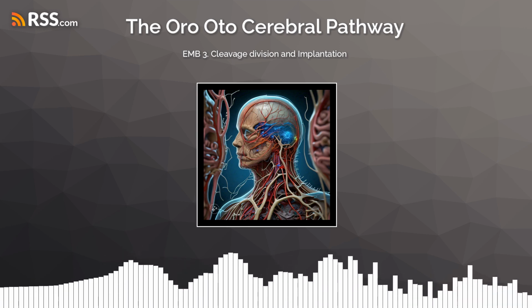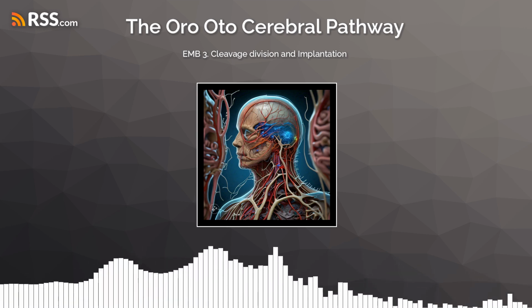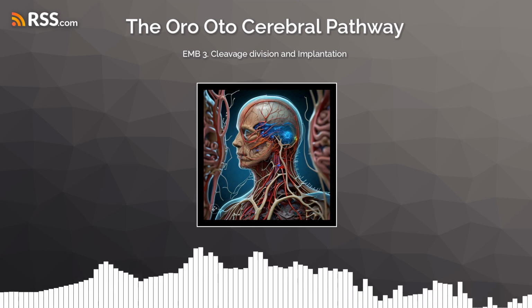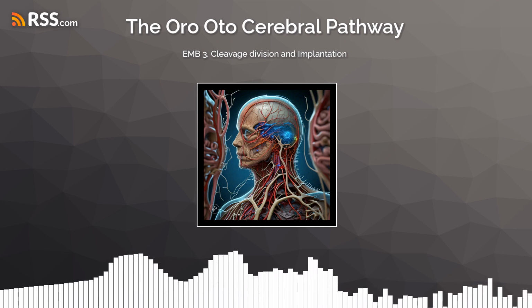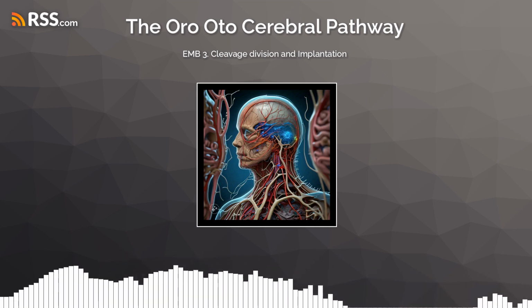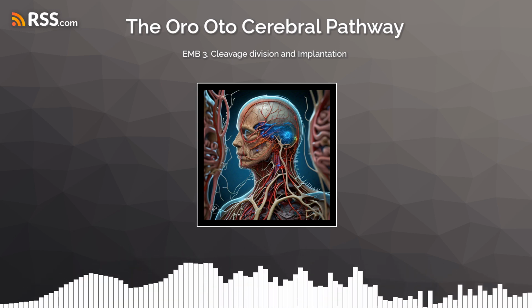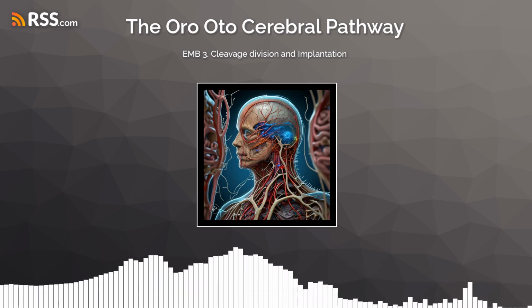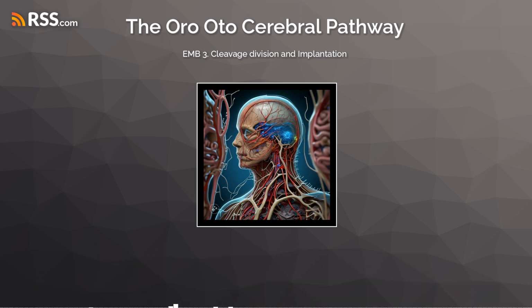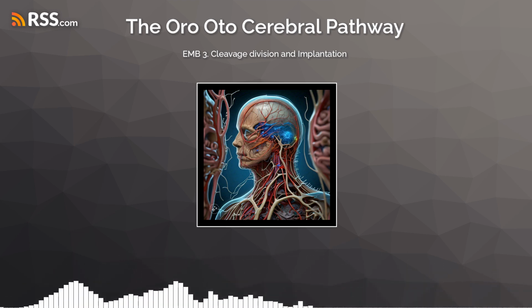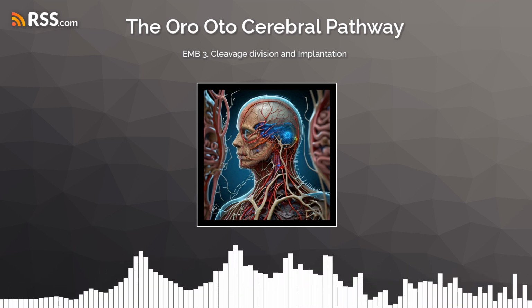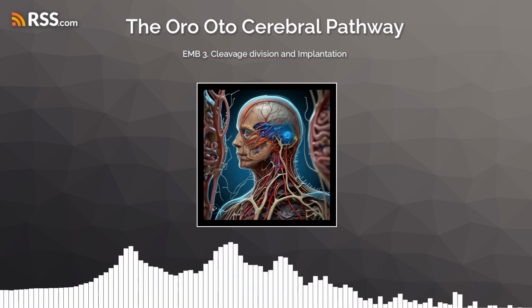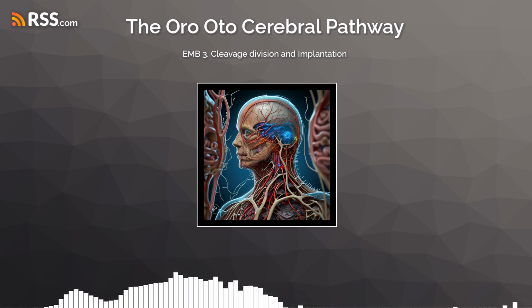Another important event that happens on day 14 within the embryoblast: the embryoblast at that stage is present in the form of a flat bilaminar germ disc. Now out of the two layers that we have, epiblast and hypoblast, the hypoblast cells in a particular area become columnar. Elsewhere they are cuboidal, but at one particular area they become columnar, and they tightly get attached to the overlying epiblast cells.